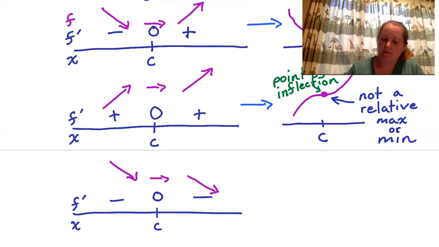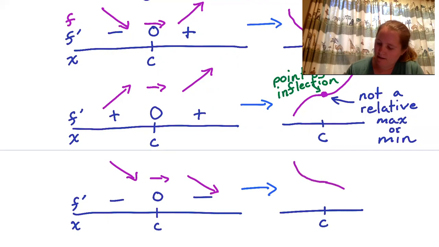So if we look at what this means in terms of the graph, we start off decreasing, level off, and then decrease some more. So once again, this is not a relative max or min, and we call that a point of inflection.